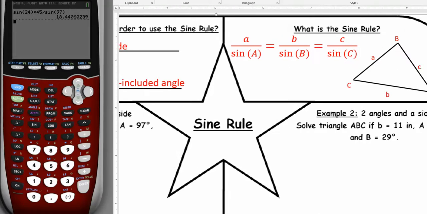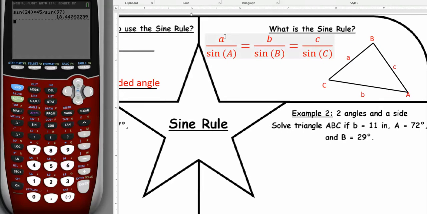And quick review, law of sines. If we're trying to solve for a missing side, we put the side on top, which is the lowercase letter. As you see, a, b, and c are the lowercase letters, so we put those on top of the ratios, and then we put the sine of the big letters, which are the angles, in the denominator.